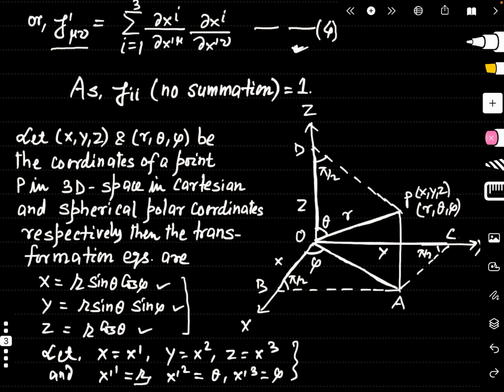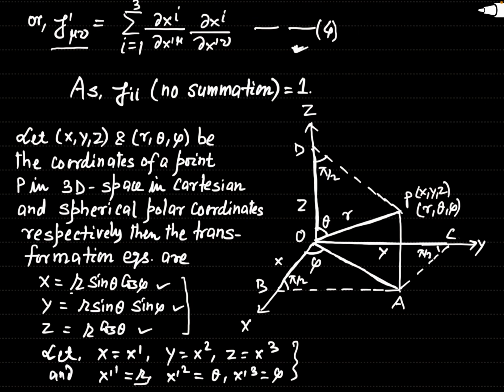From here you can find del x by del r, del y by del r, del z by del r, since there is partial differentiation with respect to r. So if x is equal to r sine theta cos phi, what will be del x by del r? This is very simple. This will be simply sine theta cos phi.